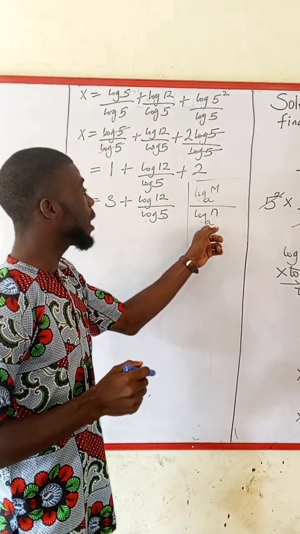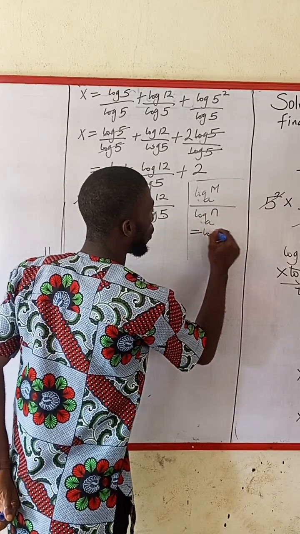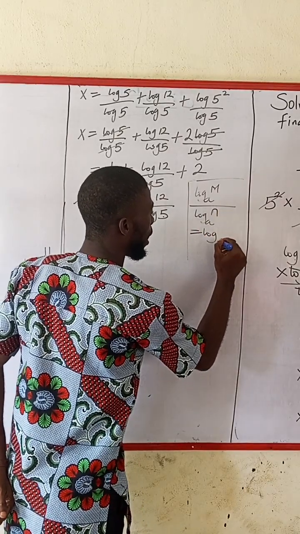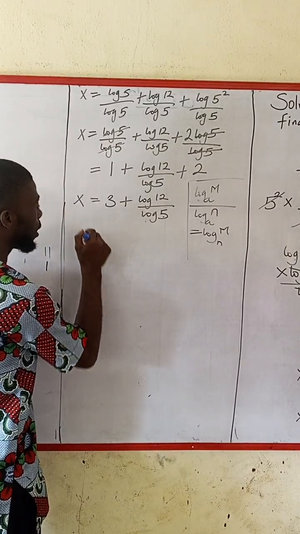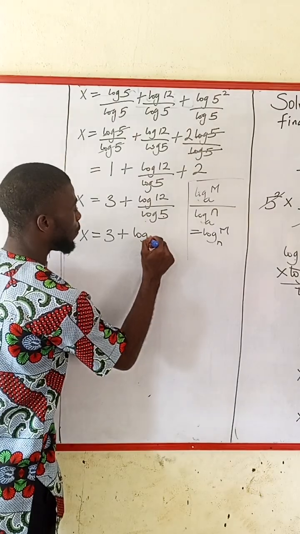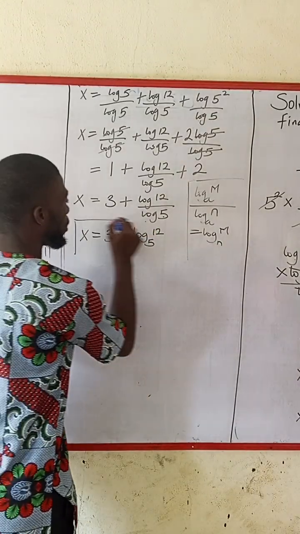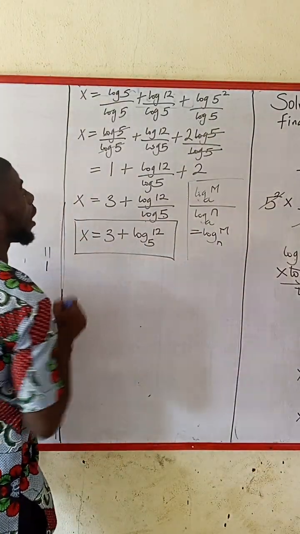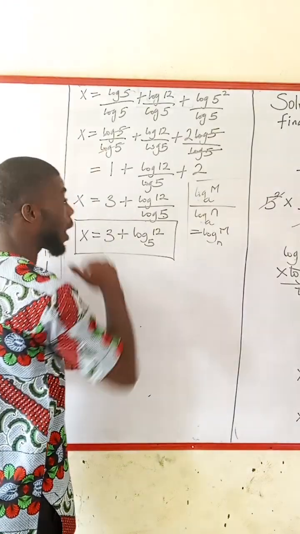I can apply change of base here, so that this would now be equivalent to log base a of n. When I apply the same case here, this would now be that s is equal to 3 plus log base 5 of 12. So this is our answer.